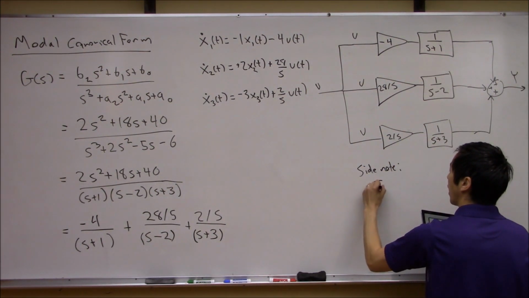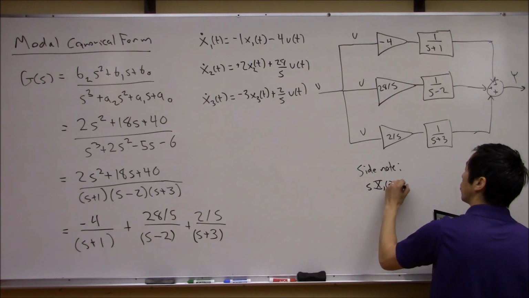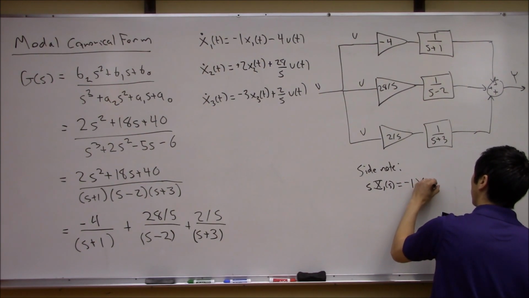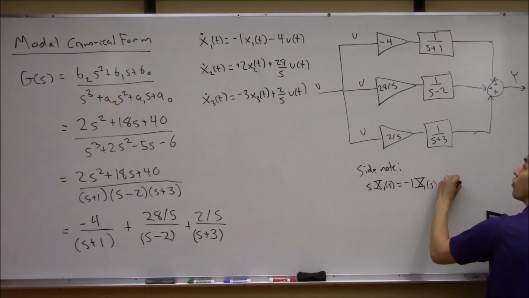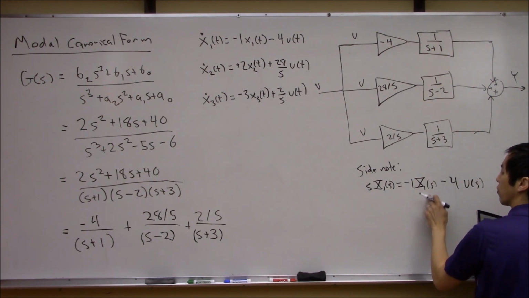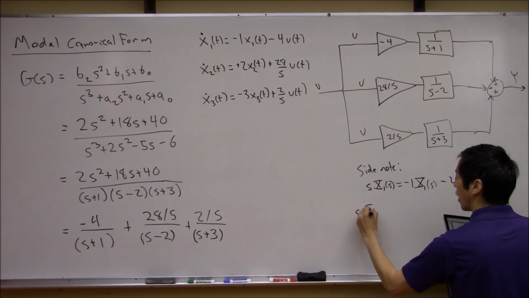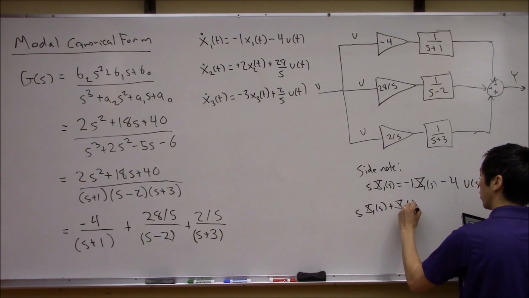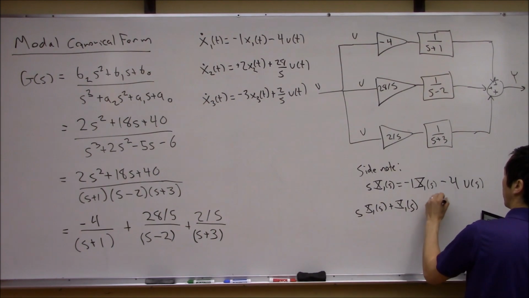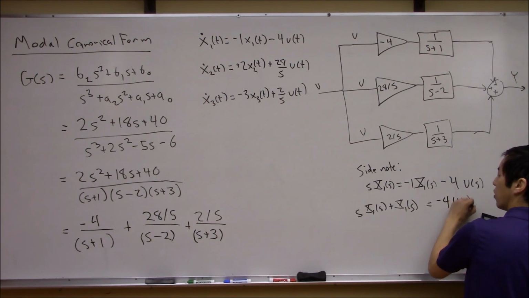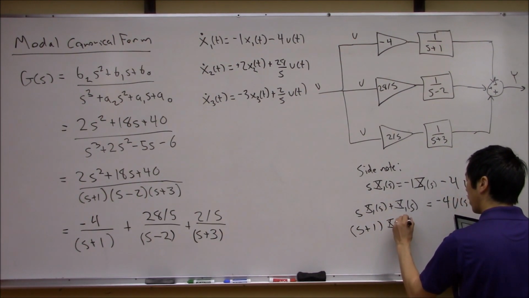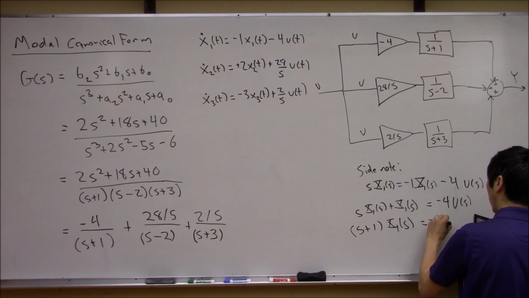So this is s x1 of s is equal to minus 1 times x1 of s, minus 4 u of s. Okay, so move this to the other side. We have s x1 of s plus x1 of s is equal to -4 u of s. Now factor out the x. So we have s plus 1 times x1 of s is equal to minus 4 u of s.